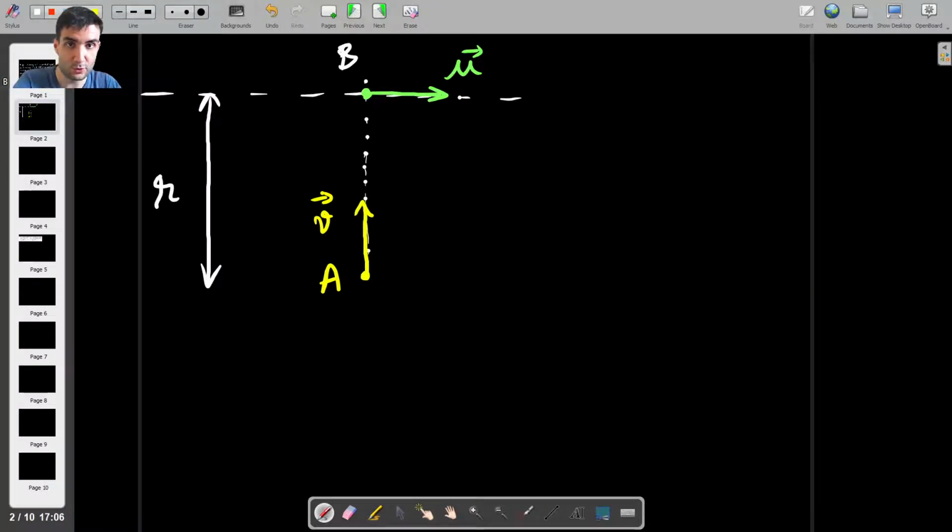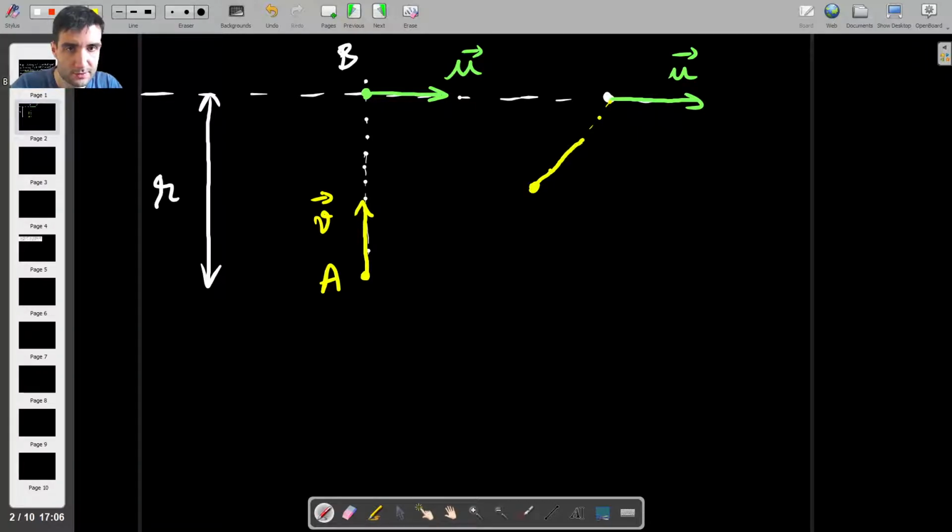Now, the dog has a constant speed, but not a constant velocity, because the dog is always headed towards the cat. So, for instance, when the cat will be here with the same velocity u, at this moment the dog might be somewhere here like this.